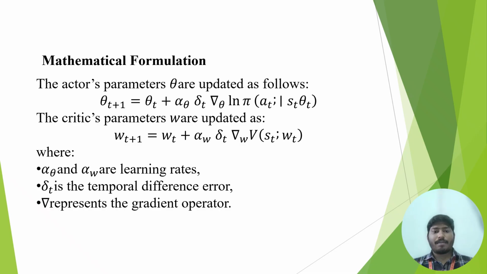The critic parameters w are updated as w t plus 1 is equal to w t plus alpha w delta t gradient of V of s t, w t, where alpha theta and alpha w are learning rates, delta t is the temporal difference error, and the gradient symbol represents the gradient operator.